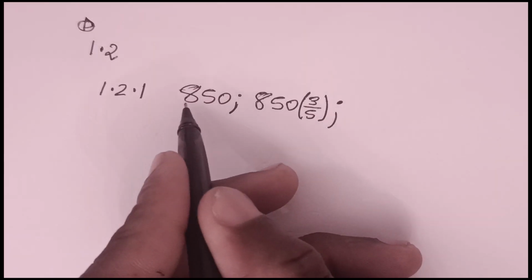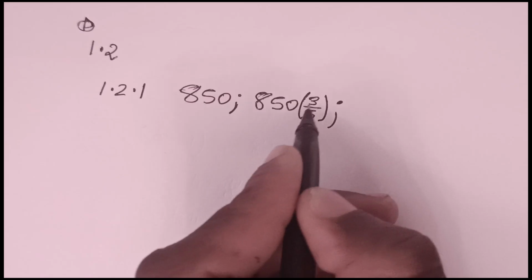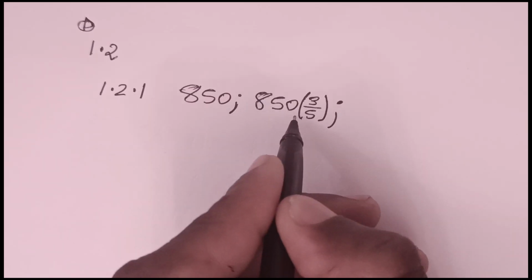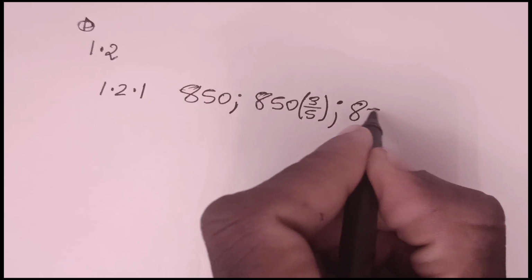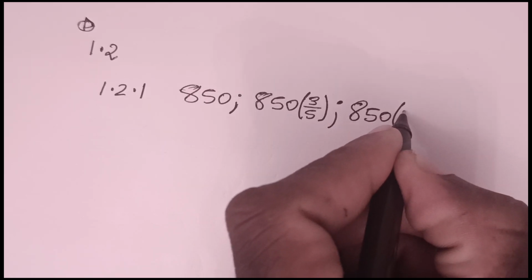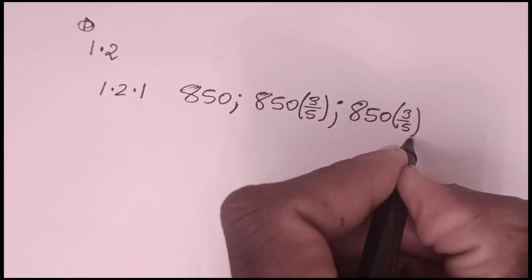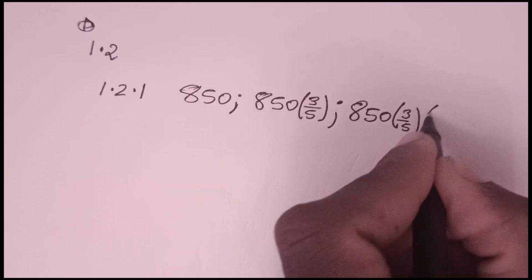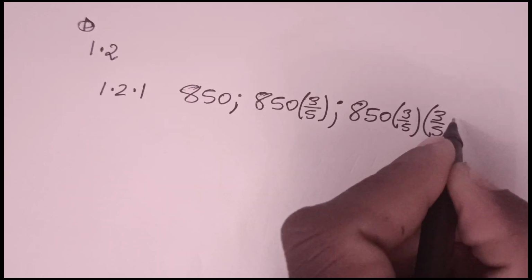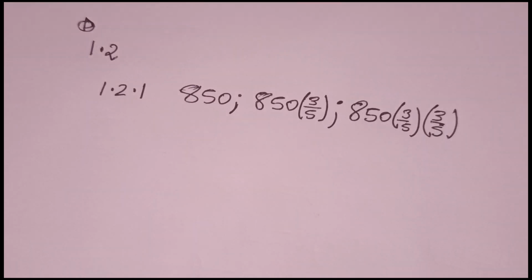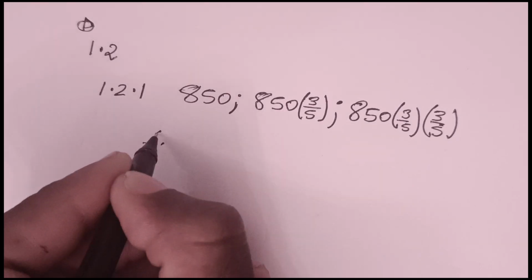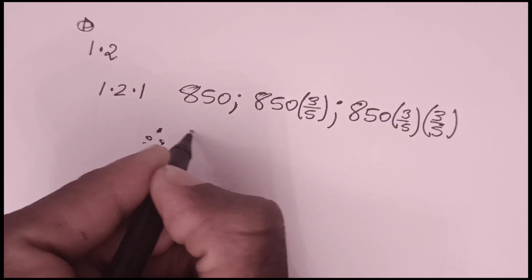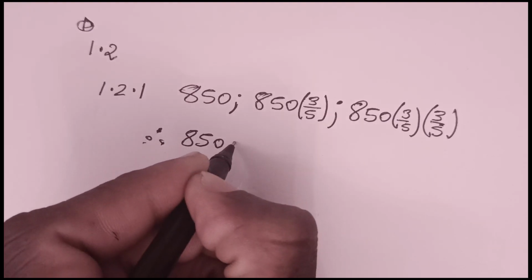So the first term grows by 3/5. The second term must grow by 3/5. So what is the second term? It's 850 times 3/5. Got that? When you go on to your calculator, of course the first term will be 850.